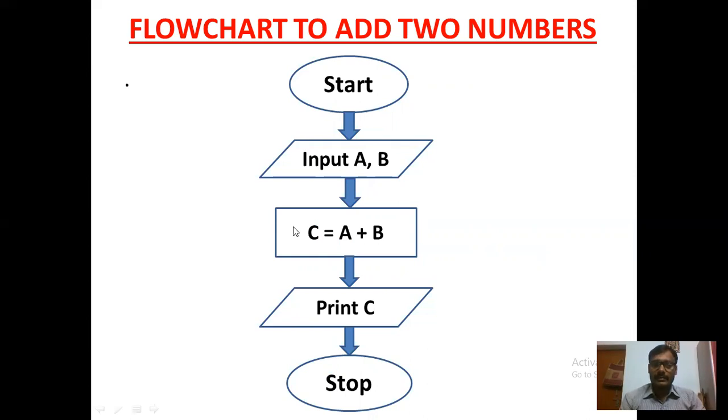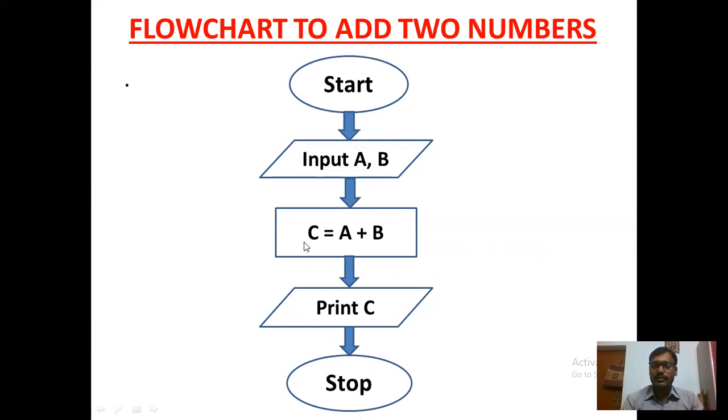After inputting A and B, the flow line indicates the direction. This arrow is known as the flow line. Now it processes the data. The variable C is used here to add both values.